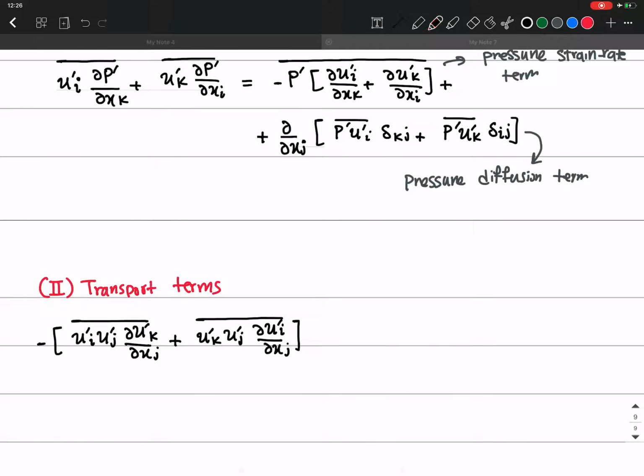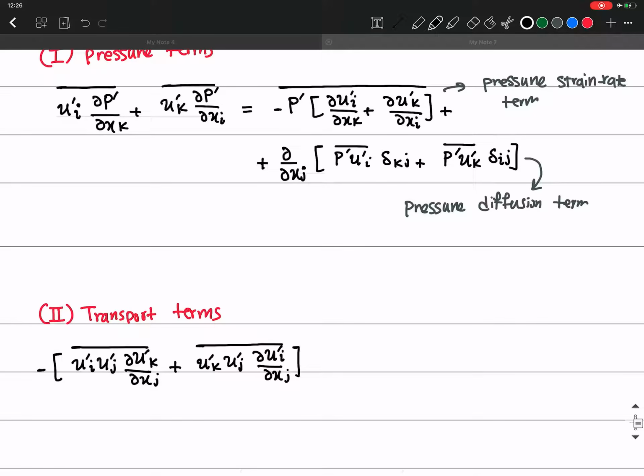So the way I'm going to write this down is as follows. I have this term, and then I'm going to add one additional term to this. So I'm going to add u prime i, u prime k, partial u prime j over partial xj.